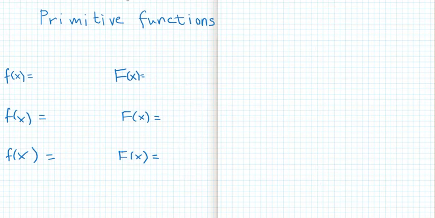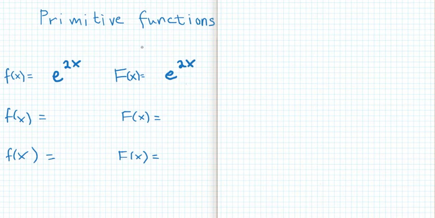Let's have a look at e^(2x). We know that it's going to be something with e^(2x), right? If we think that this is actually the primitive of this, let's find the derivative and see if we get this.